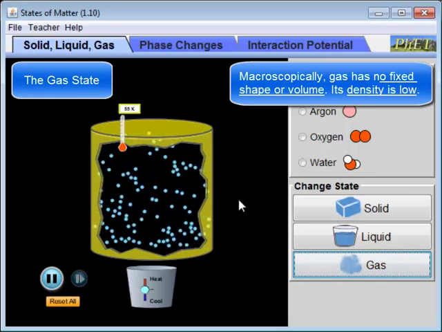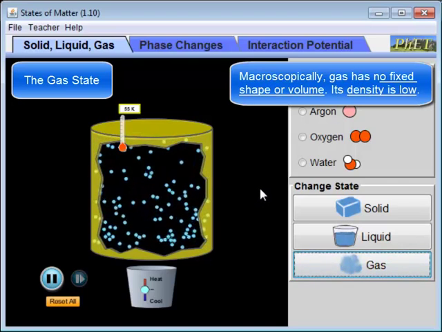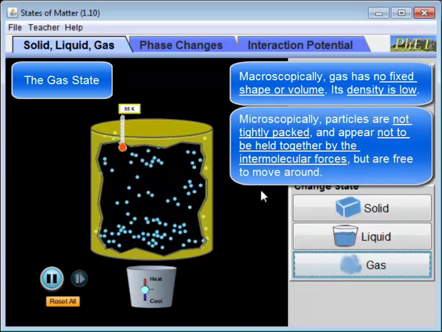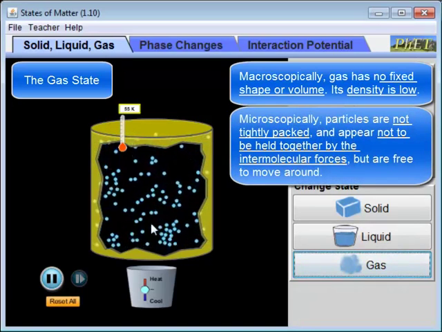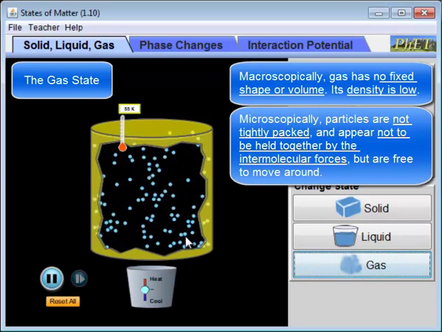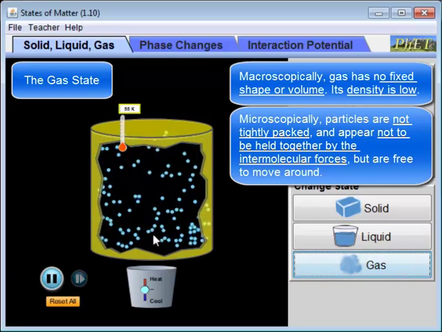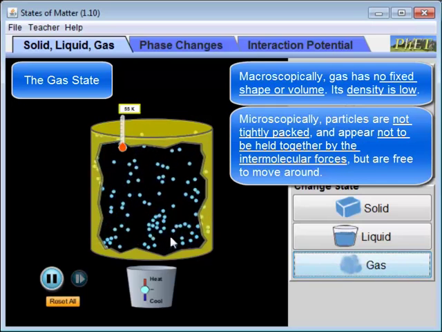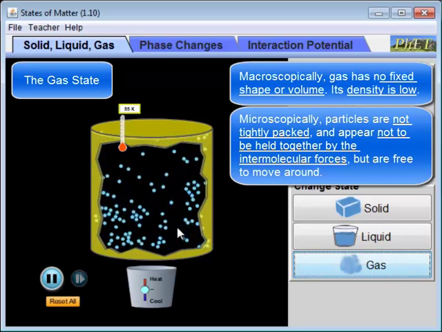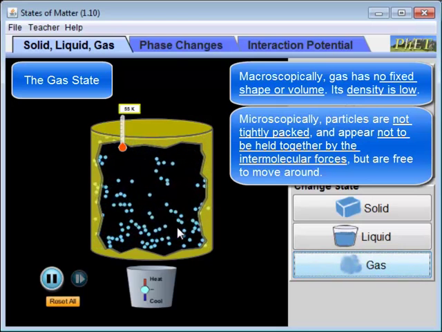If we look microscopically at what's going on, then we can see that the particles are no longer tightly packed as they were in the solid and the liquid. In fact, they're much further apart than they were. The attractive forces between the particles that were holding them together in the liquid and the solid appear to be much weaker, and that's because the particles are now much further apart.